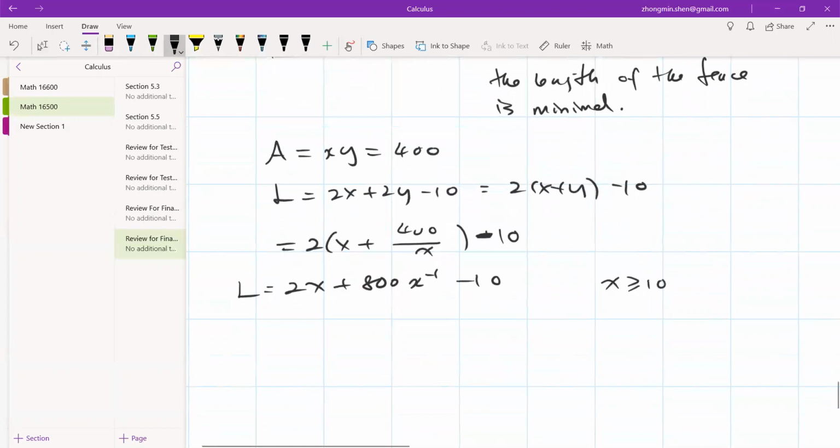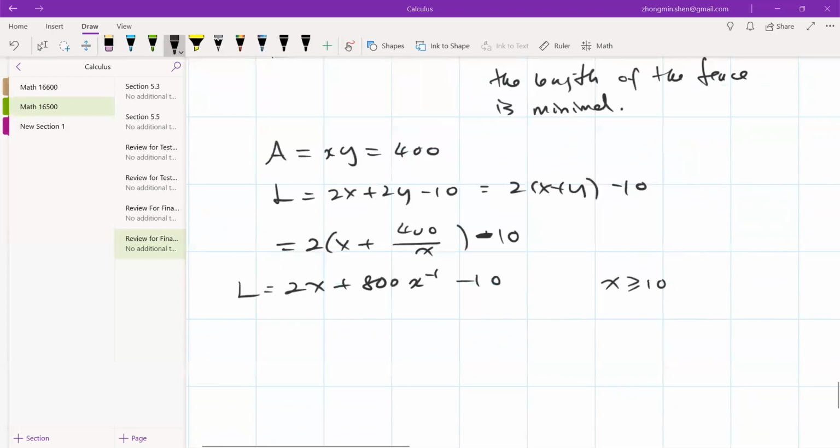When x goes to infinity, the length is getting to infinity. So this is a function defined on 10 to infinity. This is x, that's L. And eventually we're going to find the minimum value.